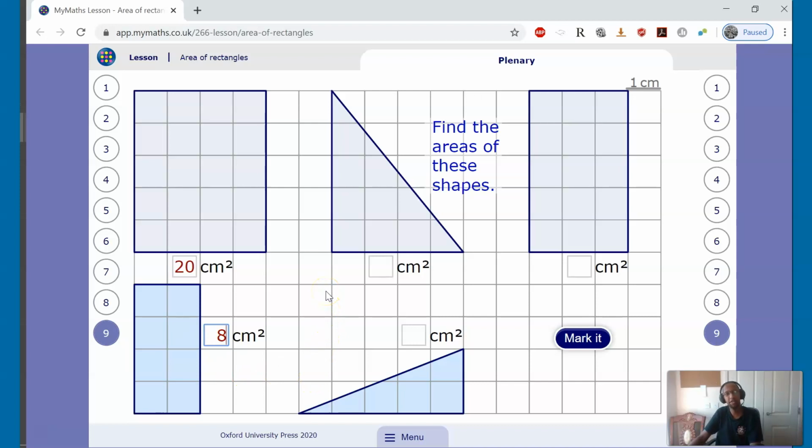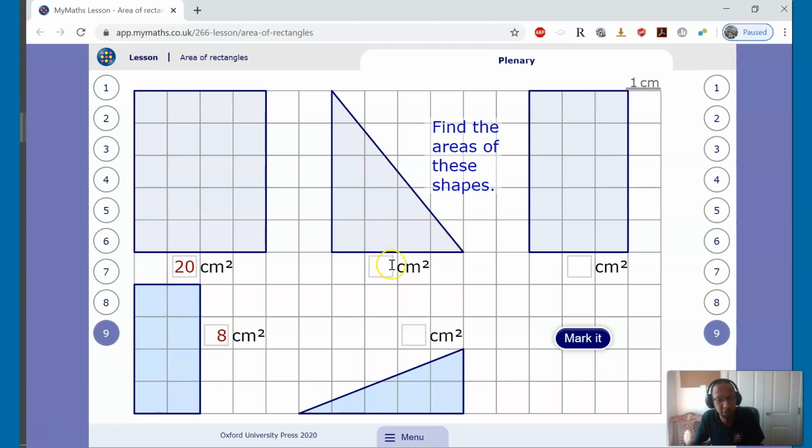Interesting. We have a triangle here, and we're trying to work out what the area is. So what we could do is count the squares. 1, 2, 3, 4, 5, 6, 7, 8, 9.